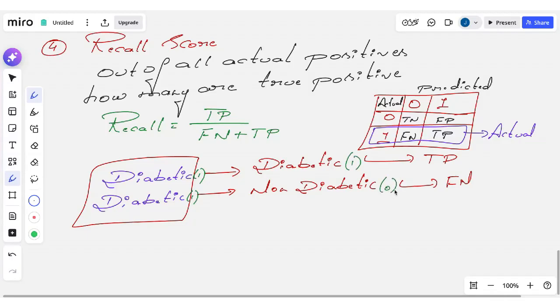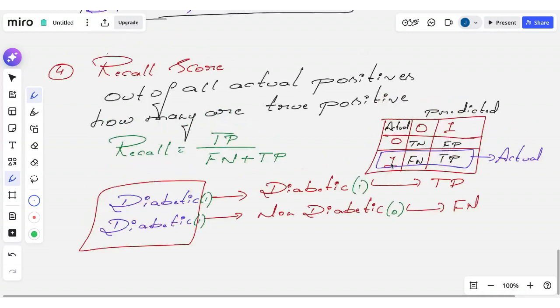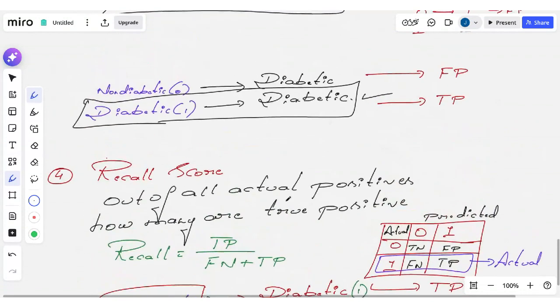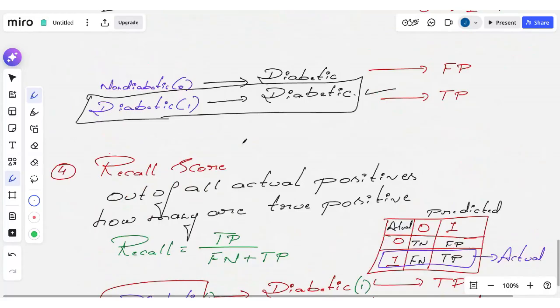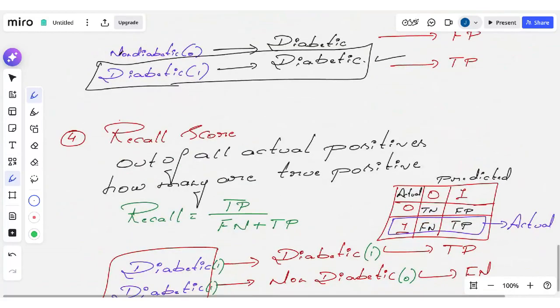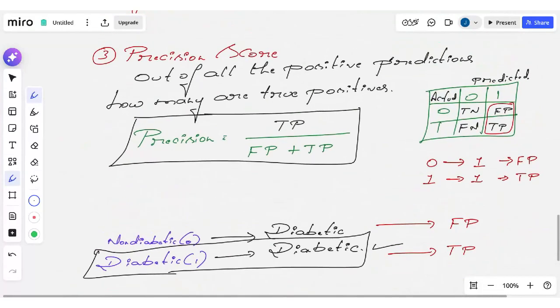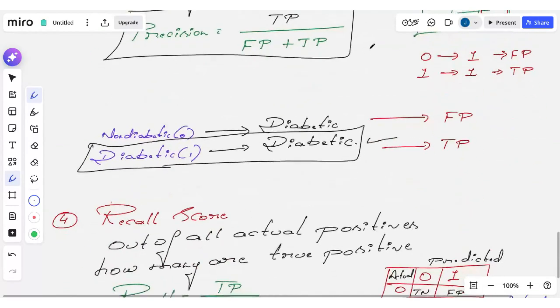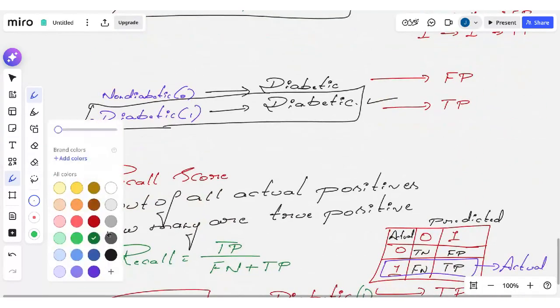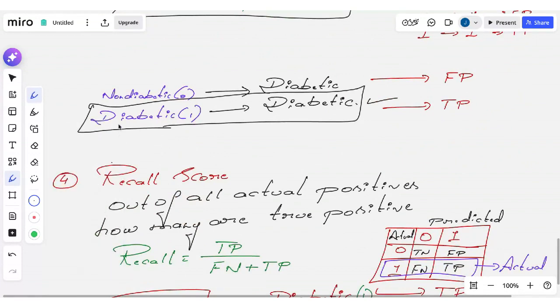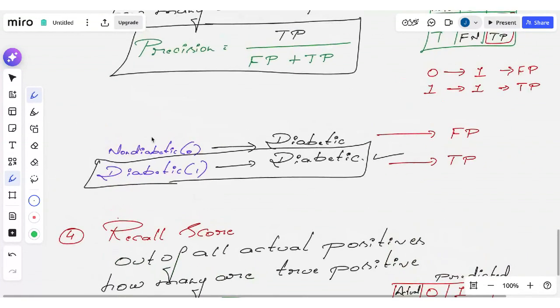So actual positive is different from positive. Can you scroll up, please? That's the reason I didn't say actual in the previous case. Yeah, here. So out of all positive predictions, how many are true positives? Okay, that makes sense. See, I'll give one more definition, don't get confused, otherwise we'll forget this. In terms of diabetic, I'll give.